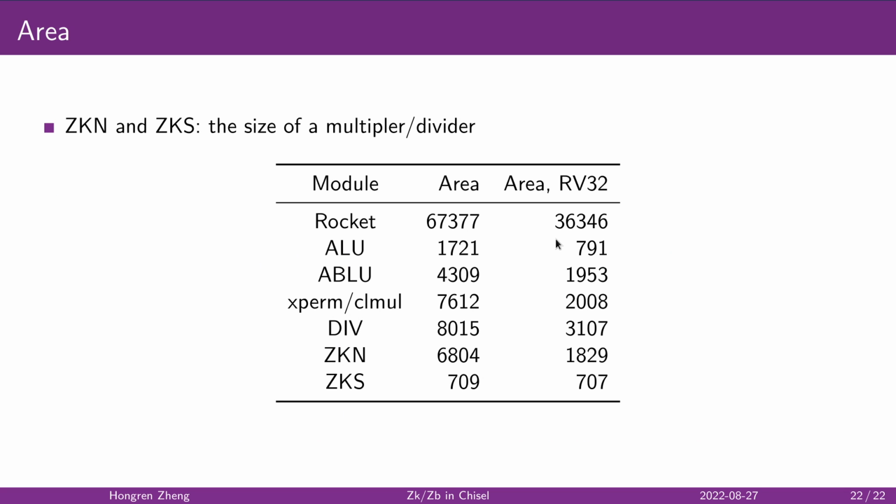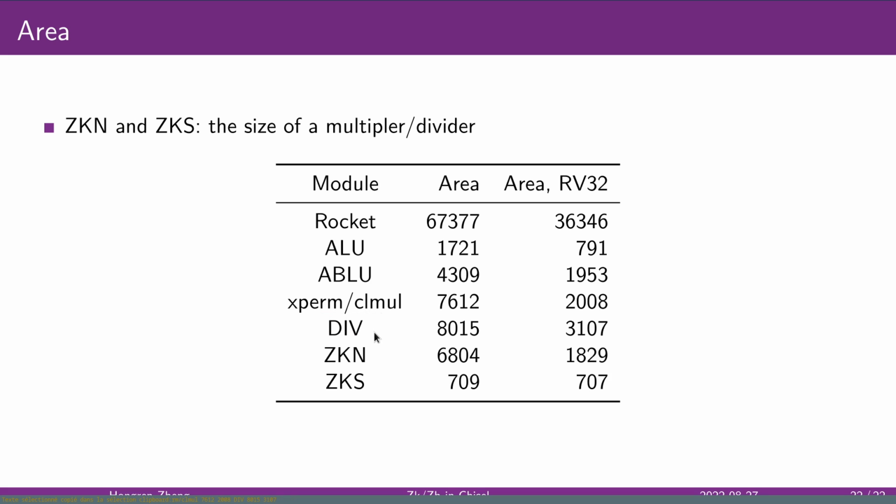And the area cost is relatively small because you can see that the div module here is for multiplier and divider, and we can see that the ZKN and ZKS module takes almost the same area of div.